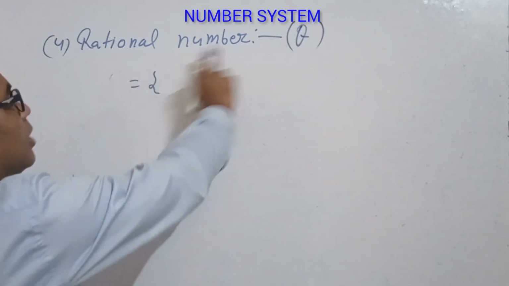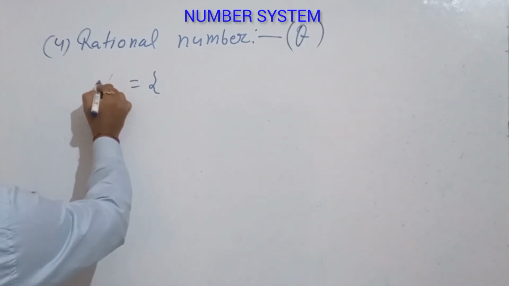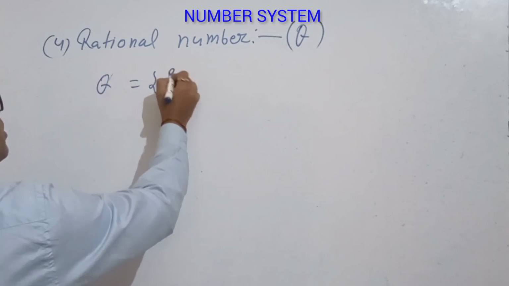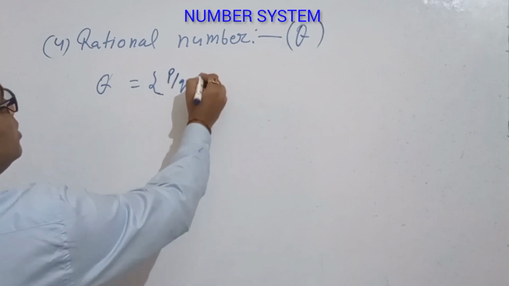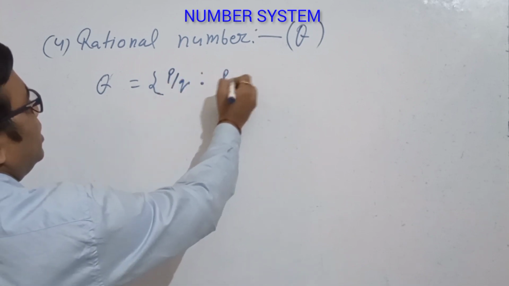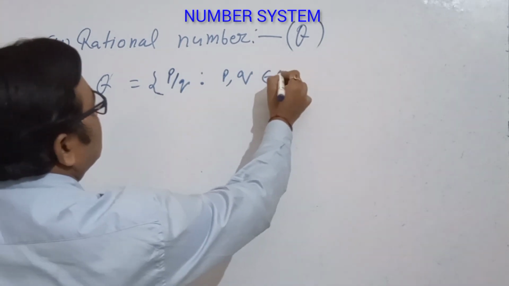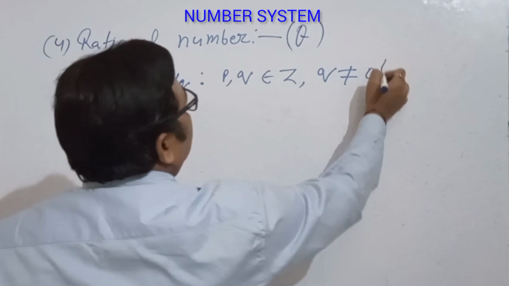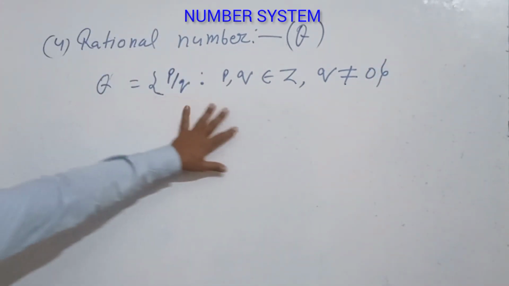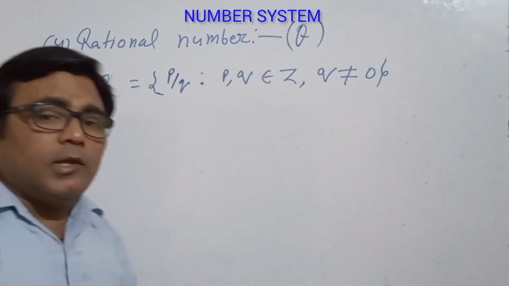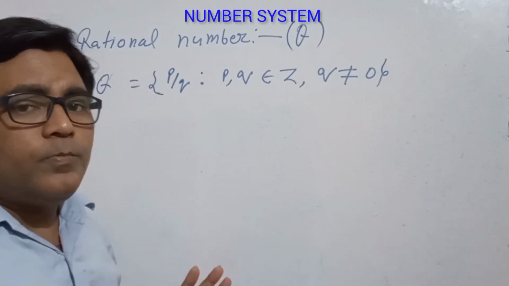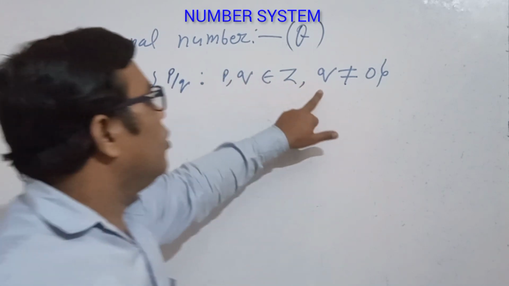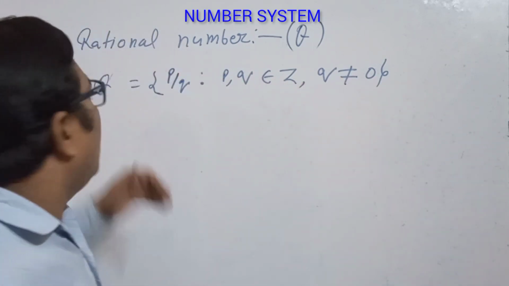We denote rational number by Q. So what is Q? Q is the set of numbers P by Q such that P, Q are members of Z, Q not equal to 0. It means all numbers in the form of P by Q, where P and Q are integers and Q not equal to 0, are called rational numbers.